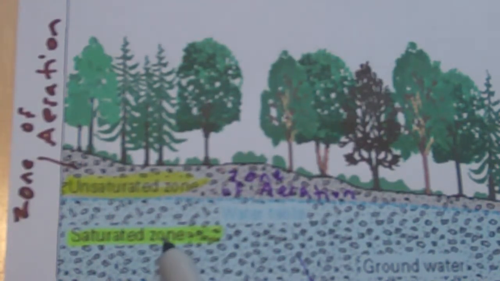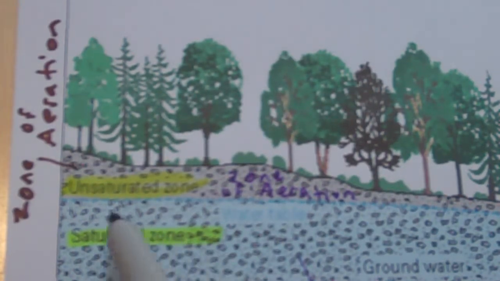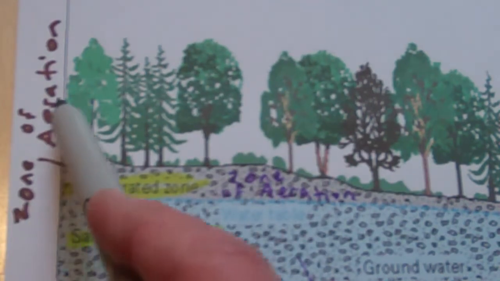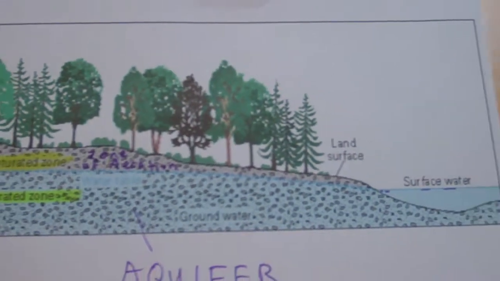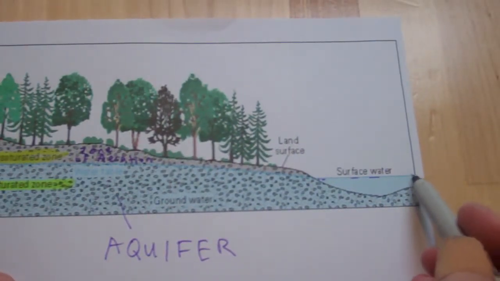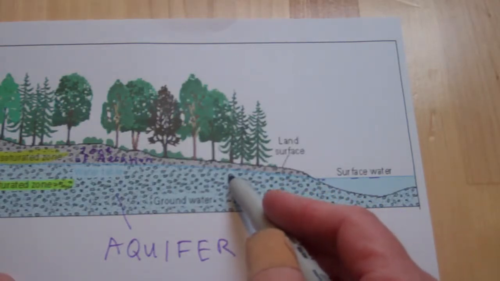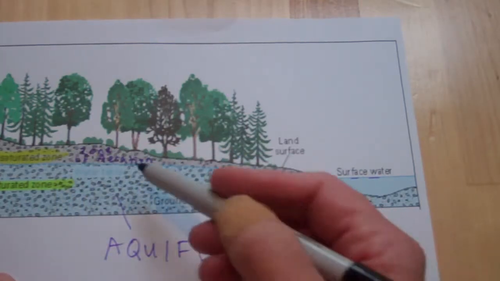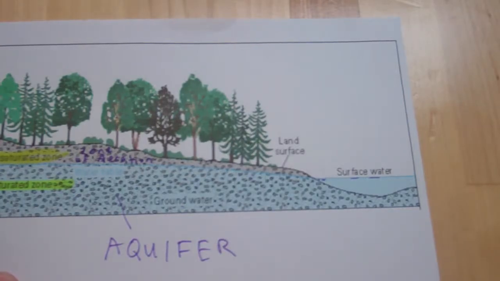This is the saturated zone below it, so it's saturated with water. Water table here, unsaturated zone up here, also known as the zone of aeration. If you follow this picture over to the right, there's a lake. Now, when you see surface water, that surface extends into the ground. That is where your water table is. So if you dug down right here, you'd hit water. Water table can be deep or it can be pretty shallow, as in this picture.